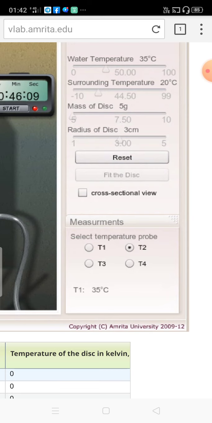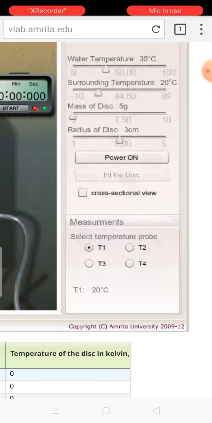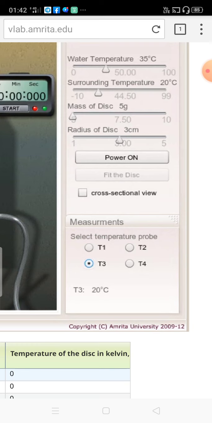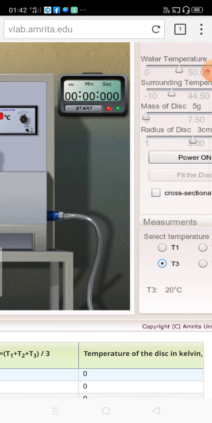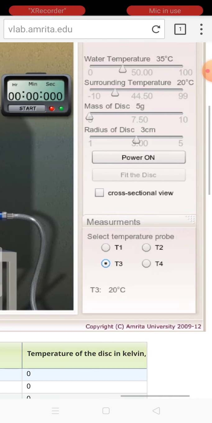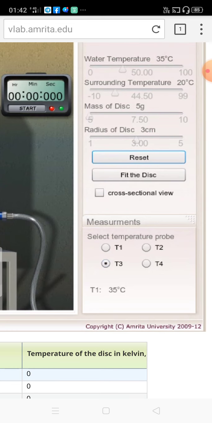Okay. So again you feed the disc. First you reset it. After that you come to T3. Now T3 is 20 degrees. Then the water temperature is 20 degrees, and again you power on. Then fill the disc.